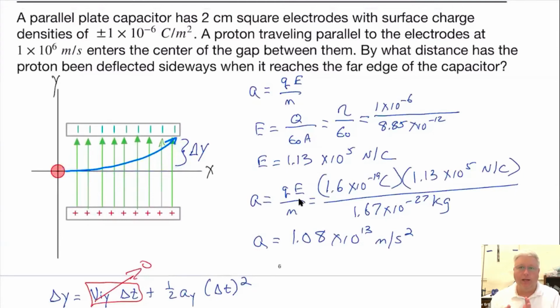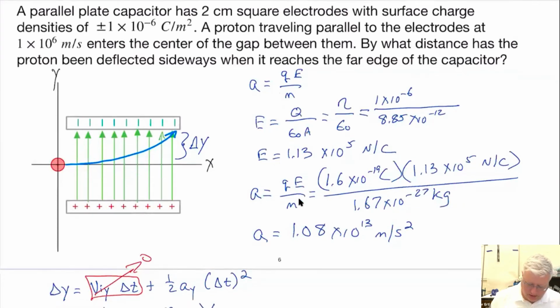The time is one thing that stays the same for everything. So if we can find the time interval it takes the proton to move horizontally, we can use that because it's going to be the same to move vertically. So how can we find the time interval?